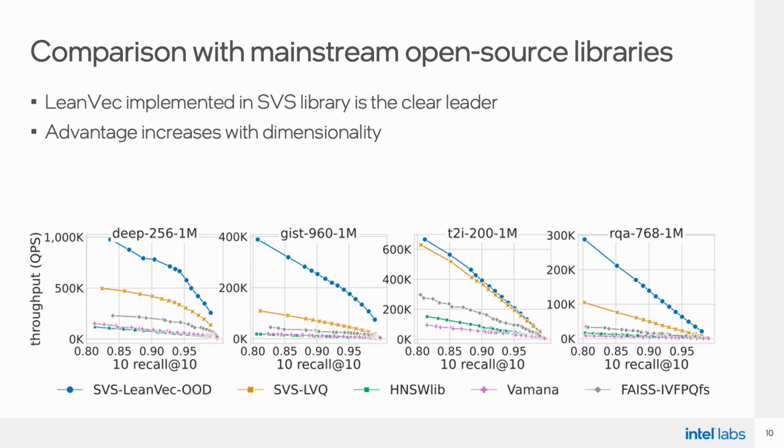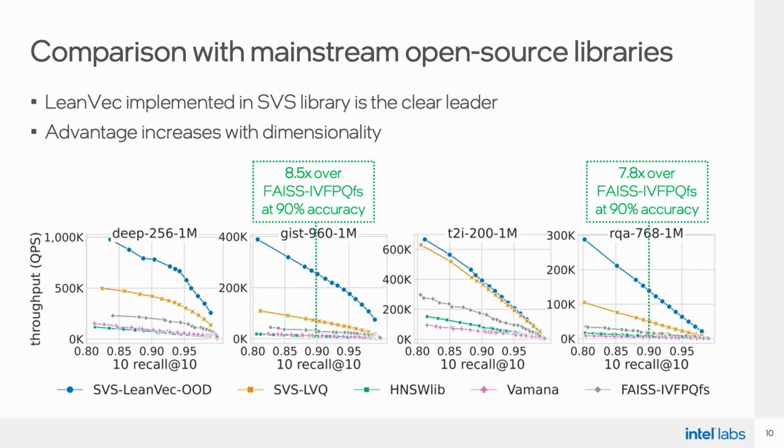We have implemented LeanVec in Intel's Scalable Vector Search performance library, SVS for short, and we can see in the plots below that the combination of SVS and LeanVec provides significant speedups with respect to the other alternatives. Because these advantages come from dimensionality reduction, they become more pronounced with higher dimensional vectors.